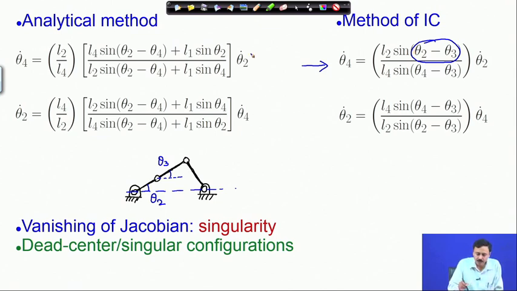Now, on the corresponding expression on the left, this numerator will vanish, and if you simplify this, you will get a relation between theta 2 and theta 4.